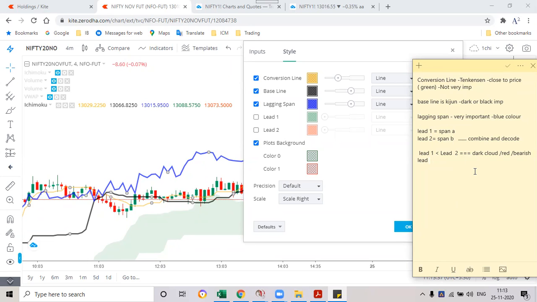If lead 1 is greater than lead 2, it will be a light color cloud, light or green cloud, it is bullish.